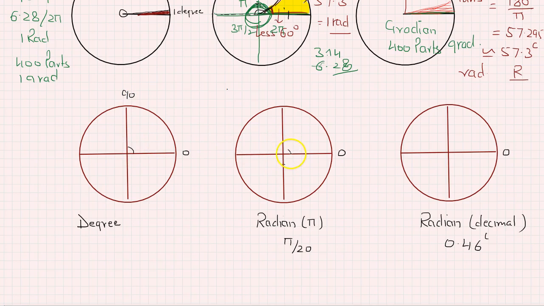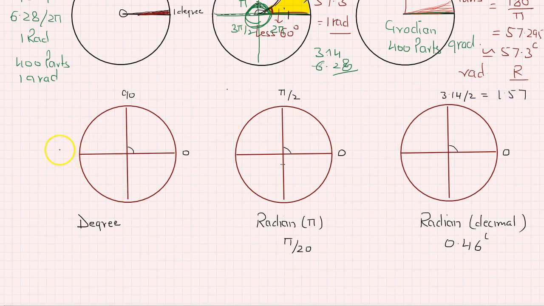But here it's not 90, it's called pi over 2. And in the same way, in decimal, this will be 3.14 divided by 2, so that is equal to 1.57.